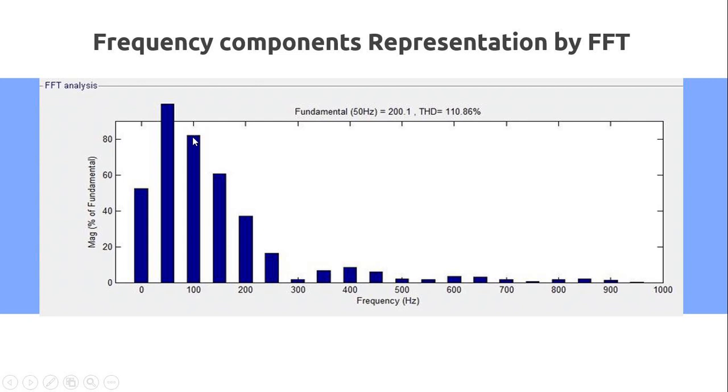This is at 200 Hertz. This is at 300 Hertz. This is at 400 Hertz. If your system has nonlinear loads, then such patterns appear. But if your system is harmonic free, then all these are absent.